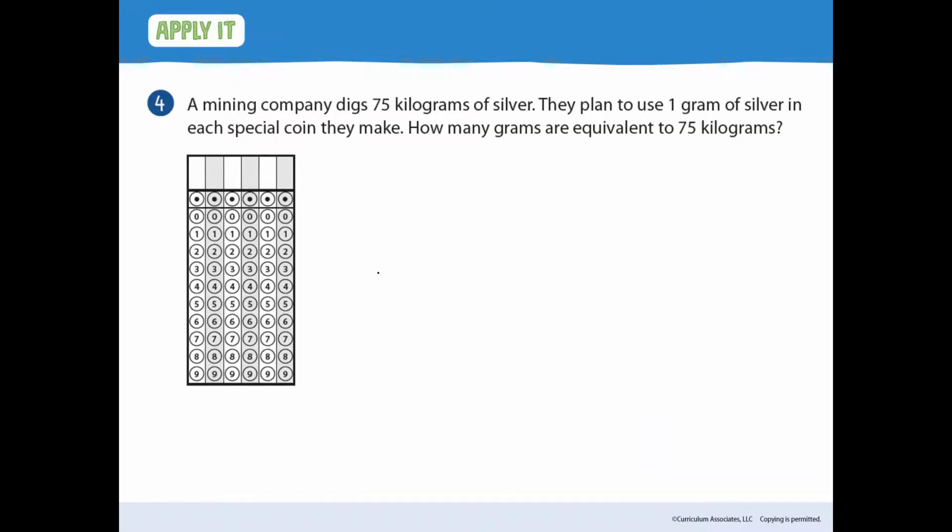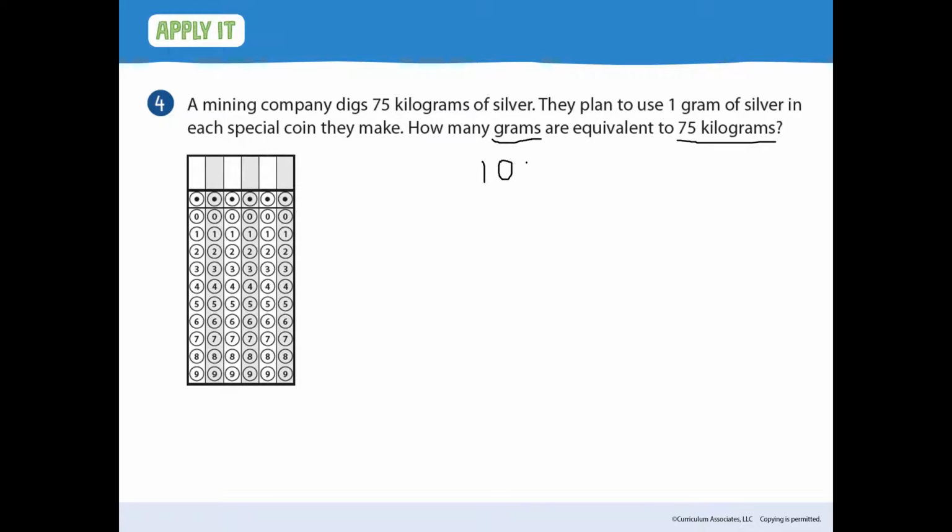Number 4, a mining company digs 75 kilograms of silver. They plan to use 1 gram of silver in each special coin they make. How many grams are equivalent to 75 kilograms? So 75 kilograms is the larger unit. We're trying to find the number of grams.